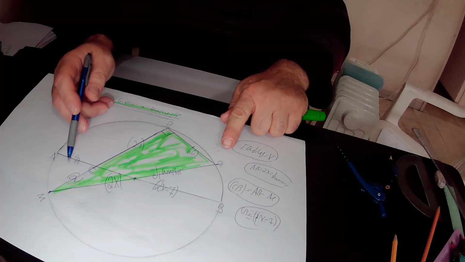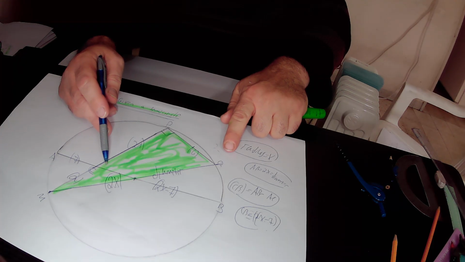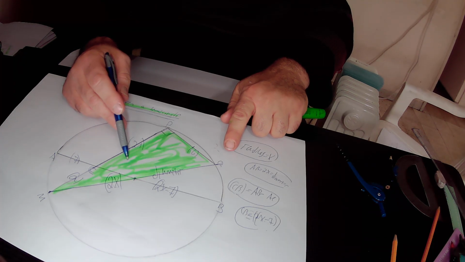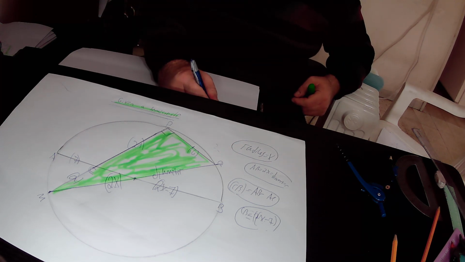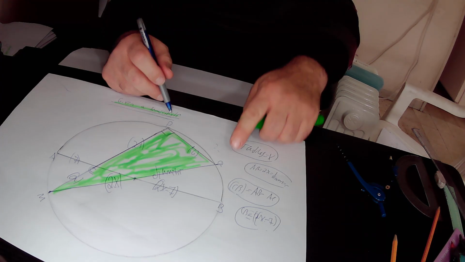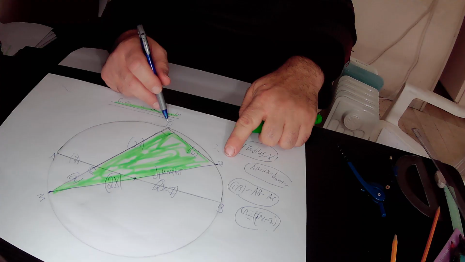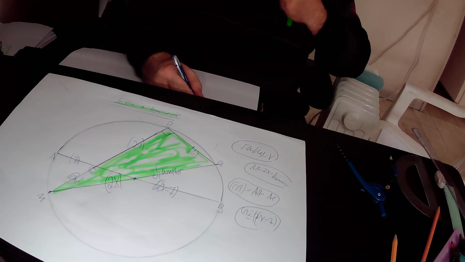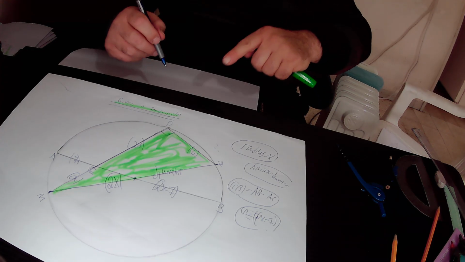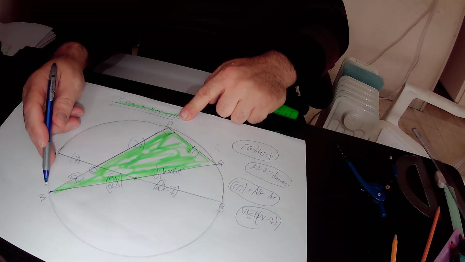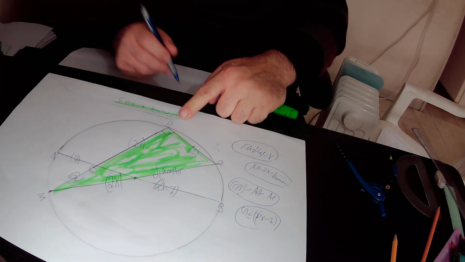QM equals 2x, the diameter of this circle, therefore QM squared is 2x squared. It equals PQ squared, PQ is 16, therefore PQ squared is 16 squared, which is 256, plus PM squared. PM in total is 21 plus 8, therefore PM squared is 21 plus 8 squared.